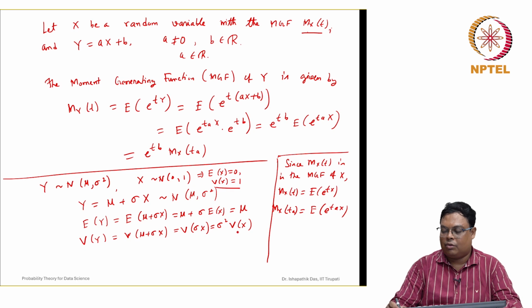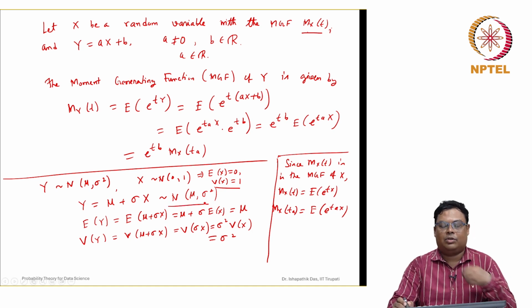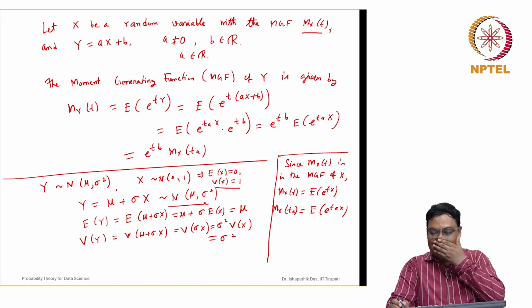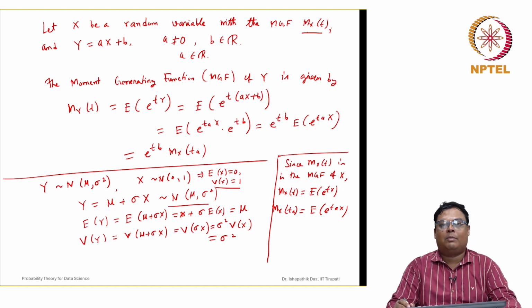Now the variance of x is 1, so this becomes sigma square. Hence y equal to mu plus sigma x is a normal distribution with mean mu and variance sigma square. So using these properties, we have computed this transformation.